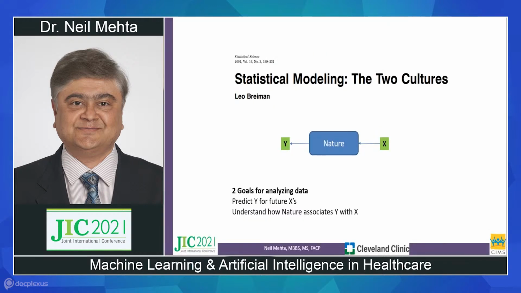Rather than comparing it to artificial intelligence, it's easier to look at traditional statistics and how that is different from machine learning. In this classic paper called The Two Cultures, Leo Breiman compared machine learning with traditional statistics.